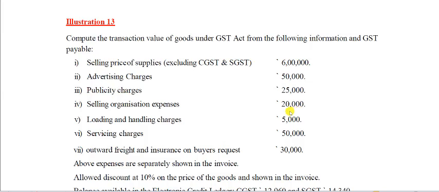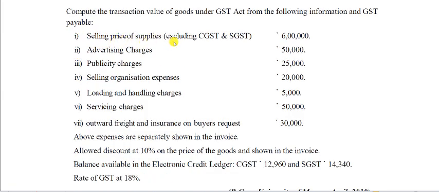In this video, we'll study illustration 13. Compute the transaction value of goods under the GST Act from the following information, and GST payable. Selling price of supplies excluding CGST, SGST is given.